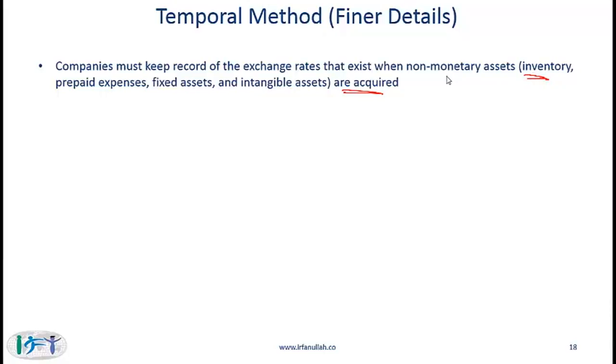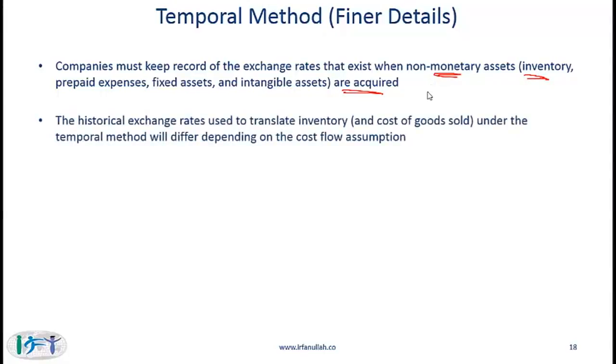Remember, inventory is considered a non-monetary asset. The historical exchange rates used to translate inventory and then cost of goods sold under the temporal method will differ depending on the cost flow assumption. Recall from before that cost flow assumption could be first in, first out, last in, first out, and weighted average. And we are going to look at an example later that deals with these possible scenarios.